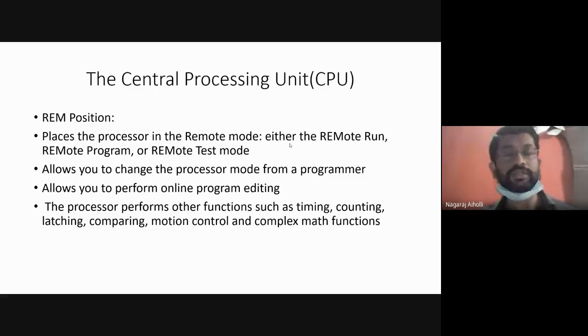It counts the number of operations, latches the information, stores the information, and compares the information stored with other information, and you can perform certain controlling operations. Motion control operations, to control the motion of a servo motor or stepper motor or other applications, and complex mathematical functions, you can perform with the CPU or the processor of the PLC.